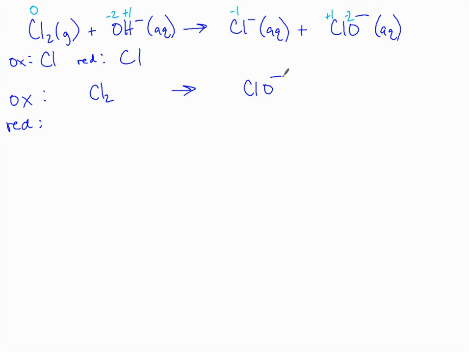And let's see here. We'll put our electrons as product, because they're being lost. So for our electrons, we had 2 chlorines. Each one of them lost an electron. Chlorine number 1 lost an electron. Chlorine number 2 lost an electron. There's 2 of them.